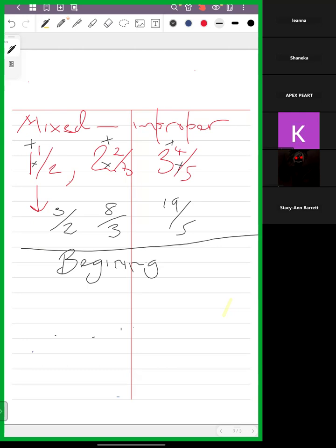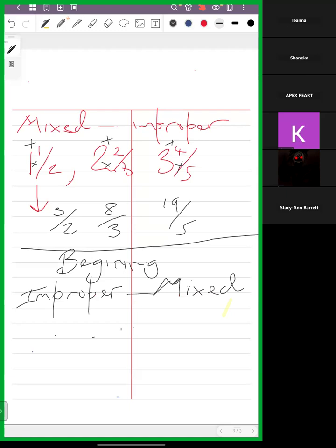If we are able to convert from a mixed to an improper fraction, then if you put it in one state, you must be able to put it back to the state it was coming from. So then we're going to look at how we convert from an improper fraction back to a mixed one.